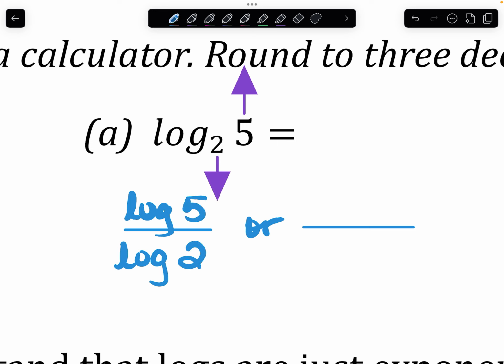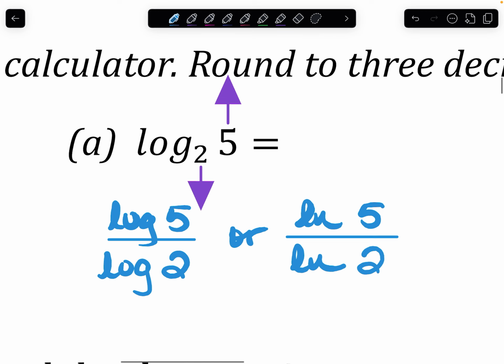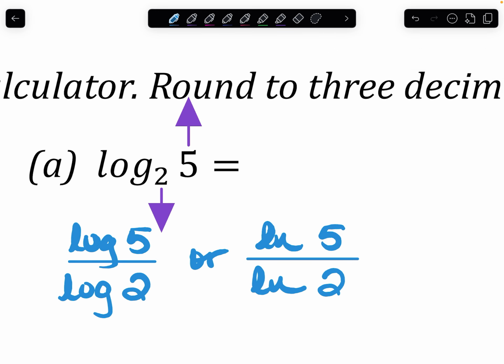Or if you chose a natural log, we would do ln over ln, and the same thing. The 5 is in the numerator log, and the 2 is in the denominator log. If you type both of these into your calculator, you are going to get 2.3219, so that 9 is going to bump it up to 2.322.